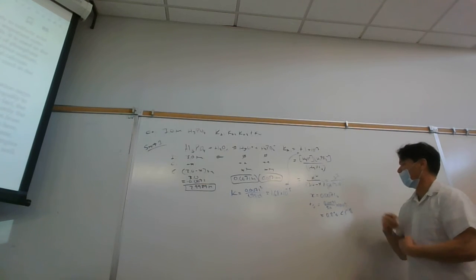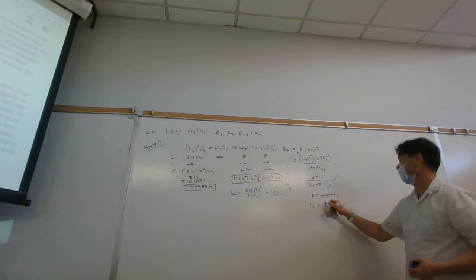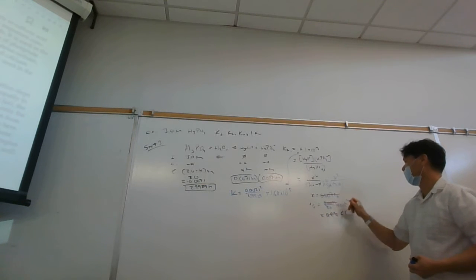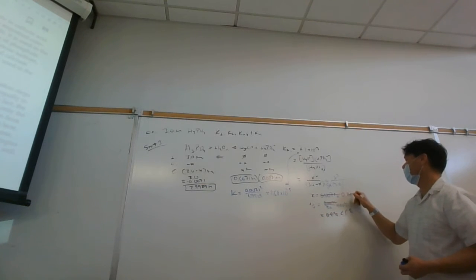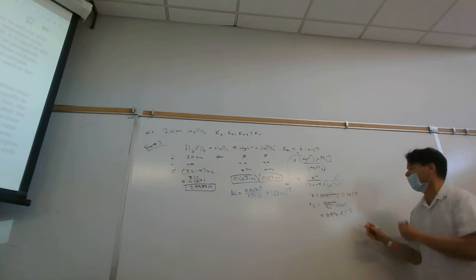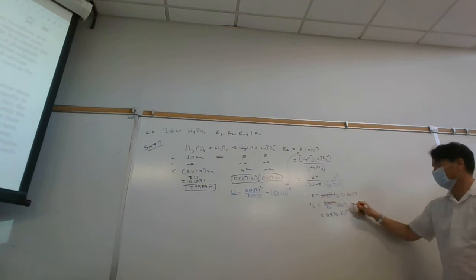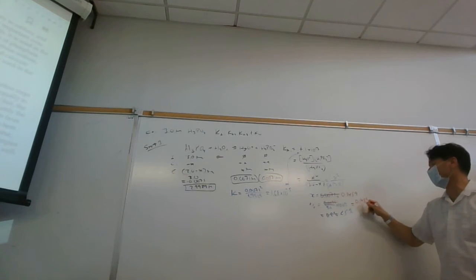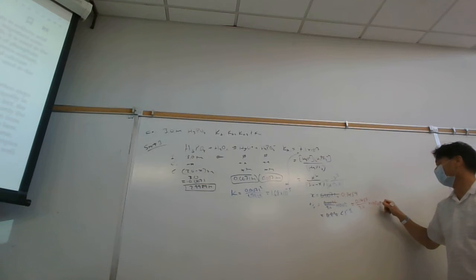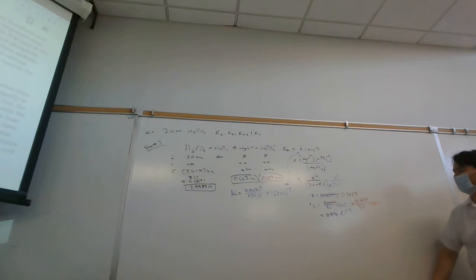Okay. Let's try that again here. 0.1459. Yes. All right. Well, that's going to change the percentage here. And so I'm going to get 0.1459 as my change over my original 3.0 times 100%. And what did you get for your percent change here?